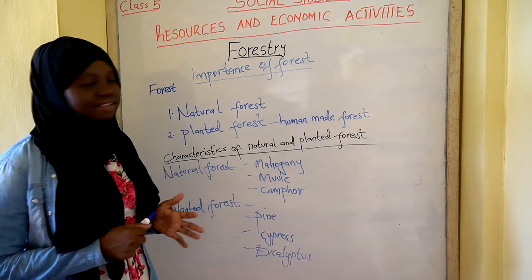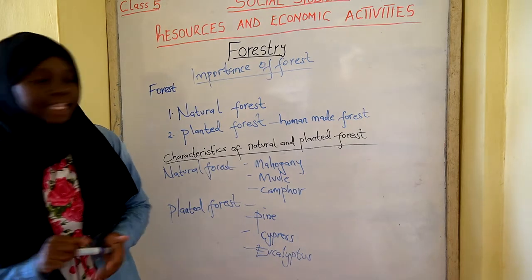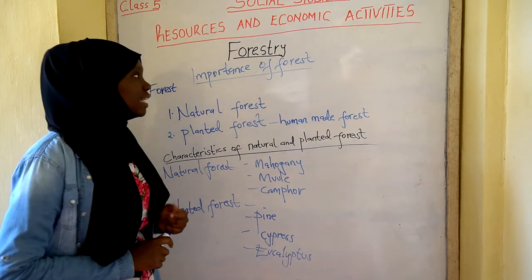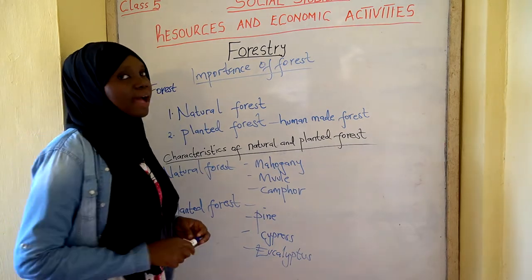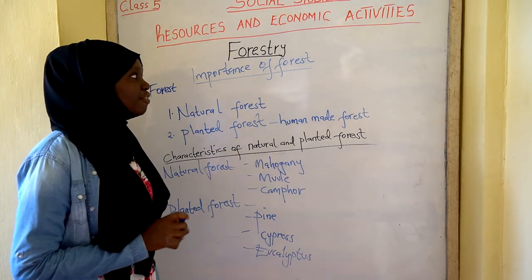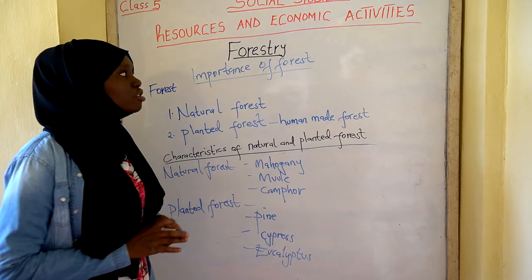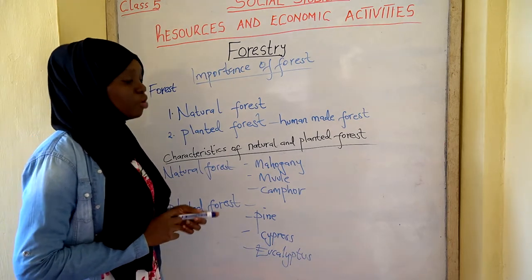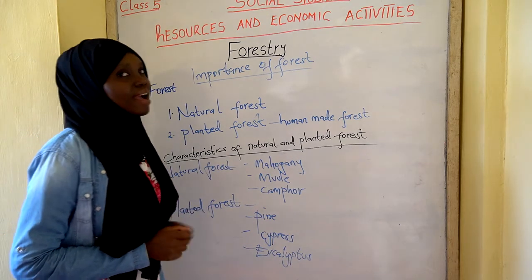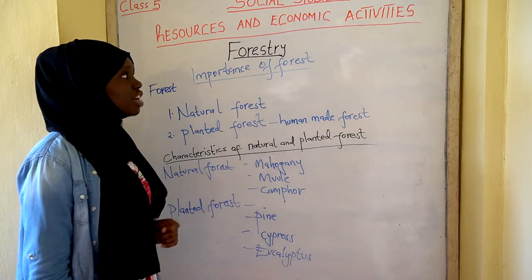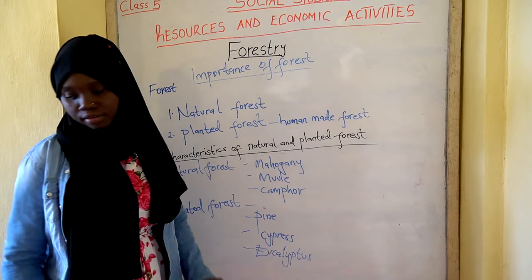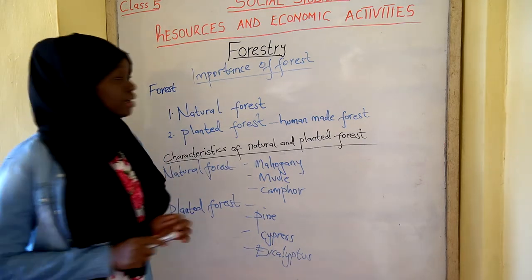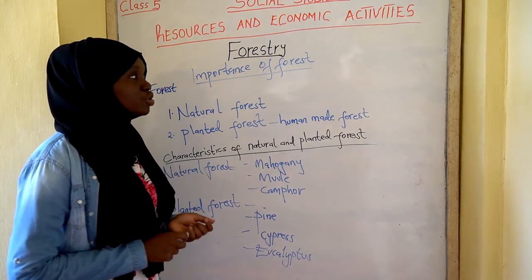The next point is that they are a home for wildlife. Many wild animals and birds live in the forest. Also some birds and animals eat the fruits and the leaves found on trees in the forest.